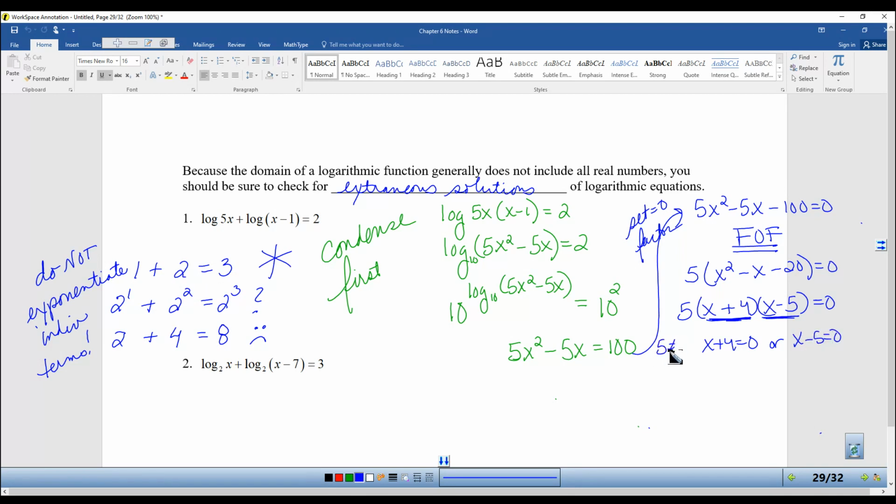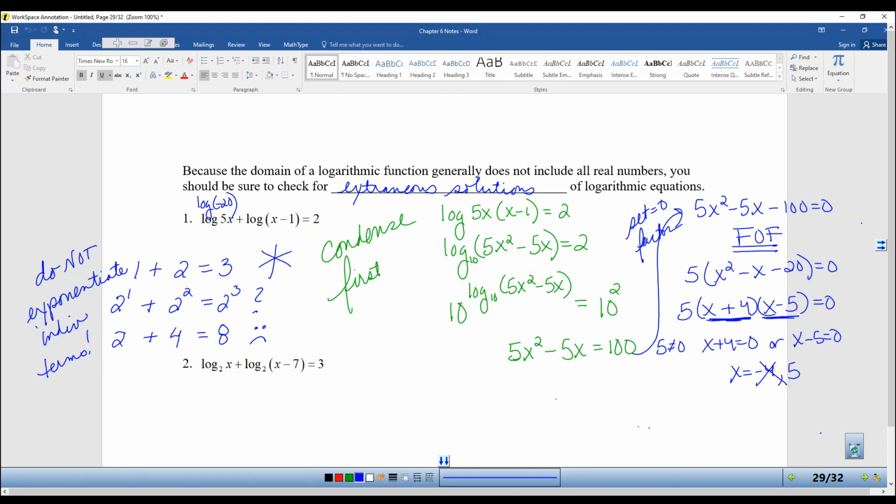But 5 is never equal to 0. So my 2 answers are -4 or +5. But if you check that, if you put a -4 in here, you'll be trying to take the log of -20, and you can't take the log of a negative number.